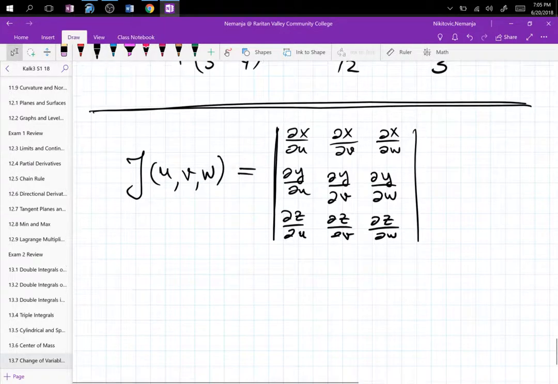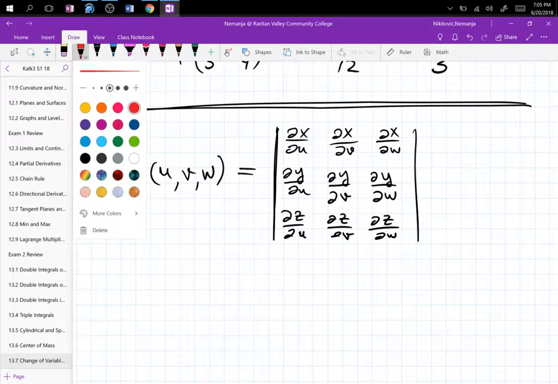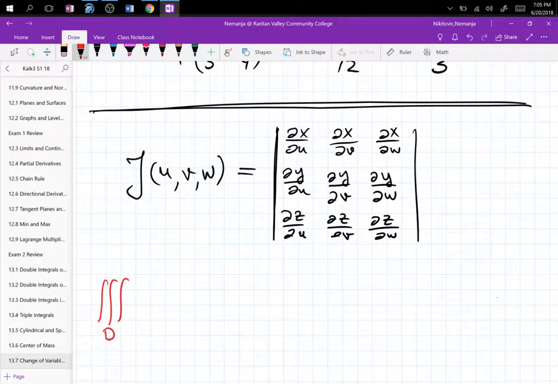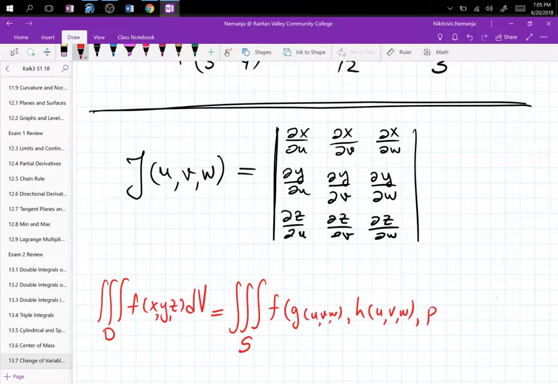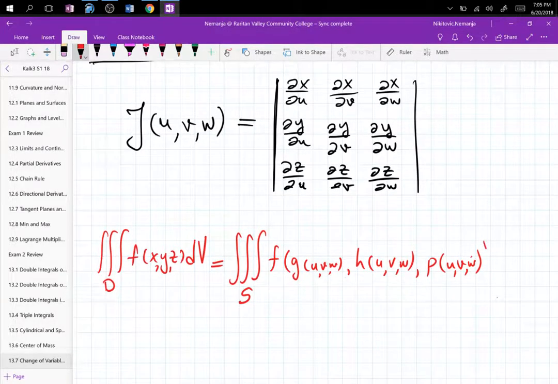And now let's define the integral. So the triple integral over region D of the function of x, y, z, dV, is going to be transformed into a triple integral over the region S, f of g of u, v, w, h of u, v, w, and p of u, v, w, running out of letters.